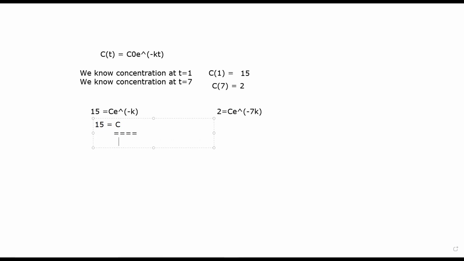And so what I ended up doing was I ended up dividing out the c's and then putting the e's together. So this is 15 here, and you divide by e to the k, so you get 15, and you're dividing by e to the negative k.